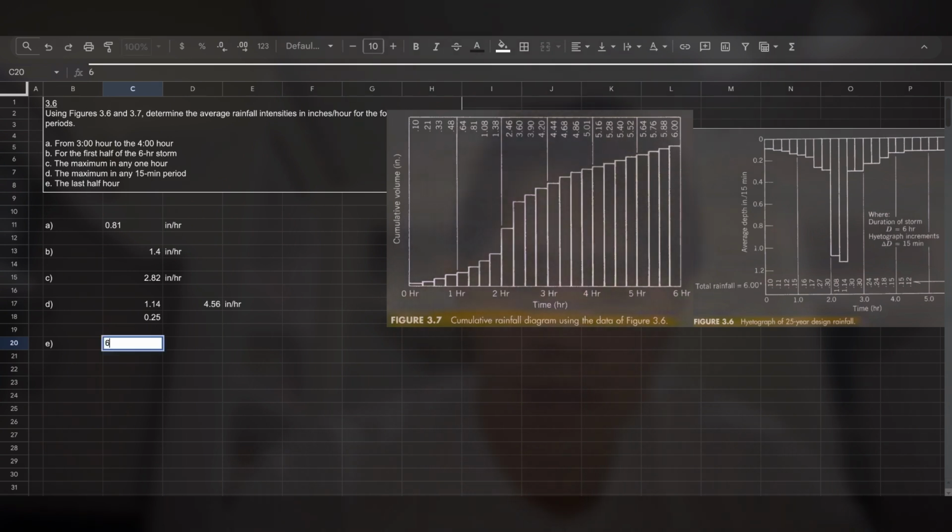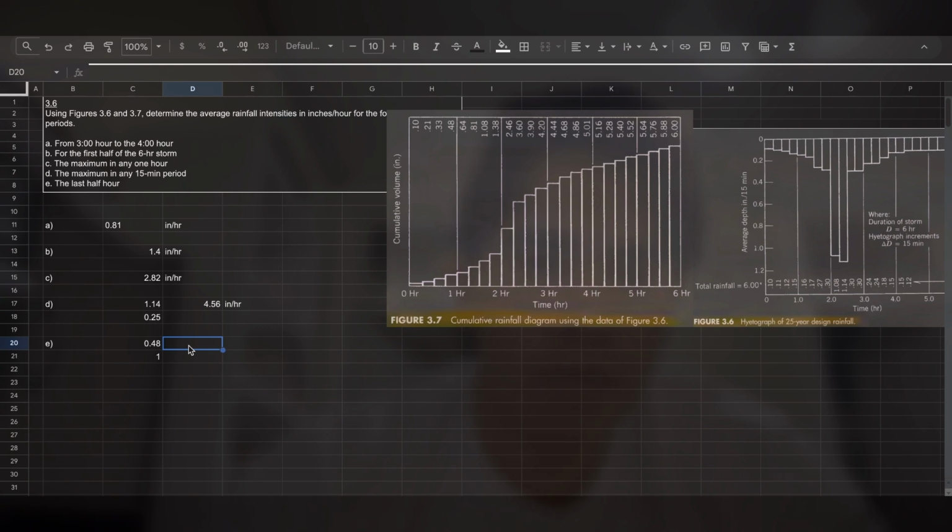It would be 6 minus 5, sorry, 6 minus 5.52 divided throughout that 6 hours minus 5 hours, which will be 1.